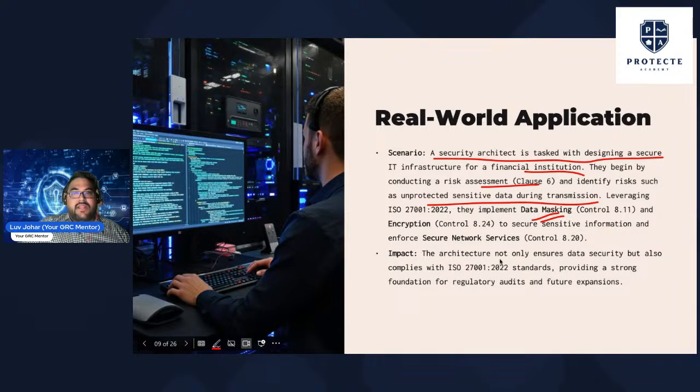The architecture not only ensures data security but also complies with the 27001 standard, providing a strong foundation for regulatory audits and future expansion. So as you can see, it is actually enhancing the profile. Whatever we are touching so far, ISO 27001 is such a good standard.